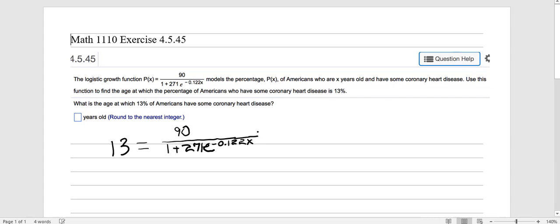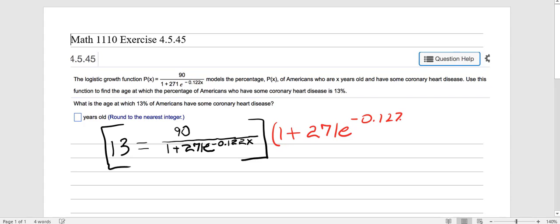All right, so what I'm going to have to do is multiply the entire equation by this denominator. So I'm going to multiply the left and the right side of the equation by 1 plus 271 e to the negative 0.122x.